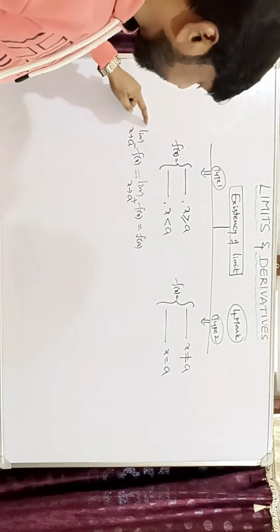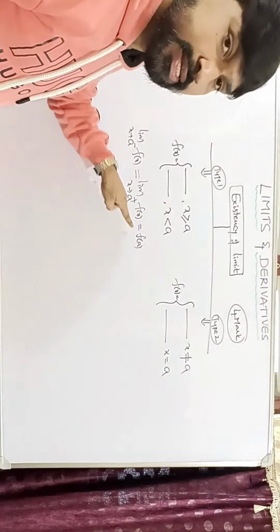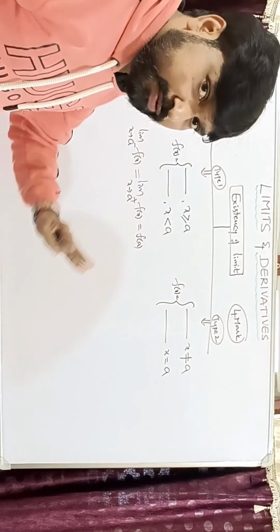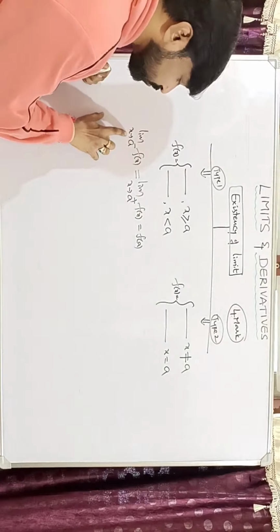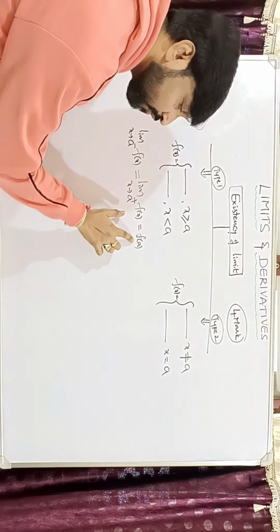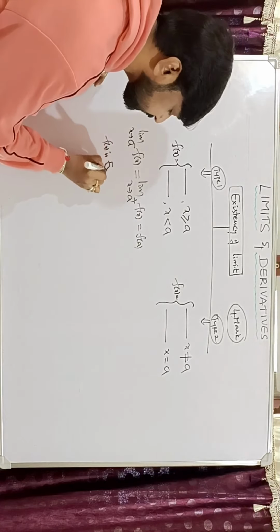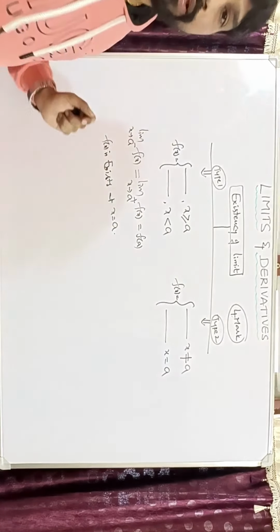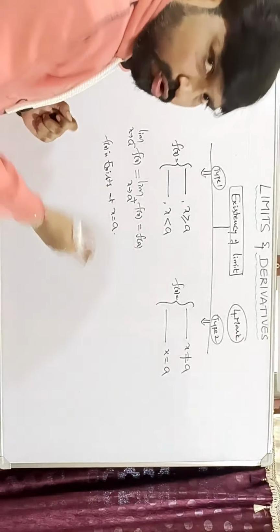How to find a minus and a plus, I'll explain. First, let us understand the format. If the limit x tends to a minus f of x, the limit x tends to a plus f of x, and f of a, all three are equal, it means f of x exists at x equal to a. Otherwise it does not exist.